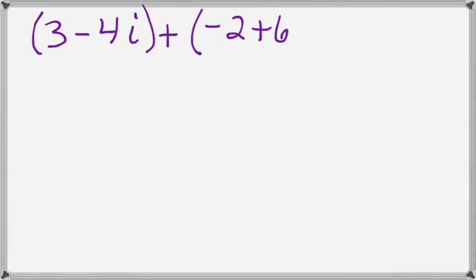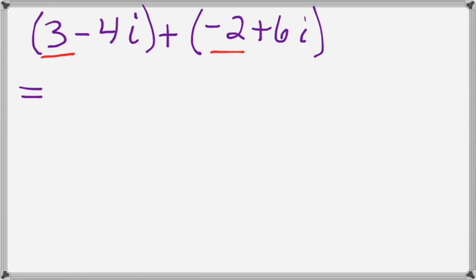So if we're going to add two complex numbers, let's say we want to add 3 minus 4i and negative 2 plus 6i. It's kind of like if you add two polynomials and you combine the like terms. It's a similar idea. So our real parts of the two numbers are 3 and negative 2.